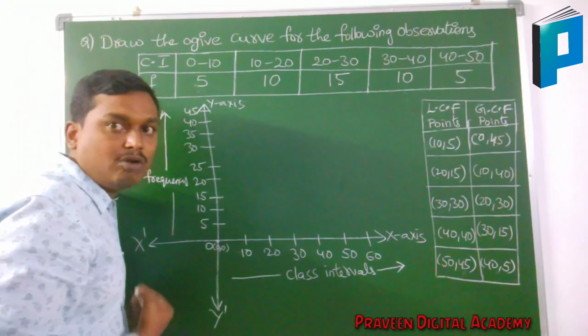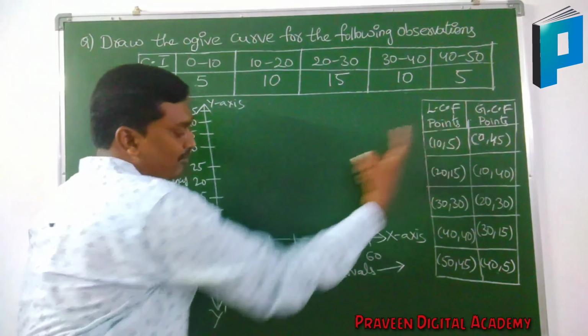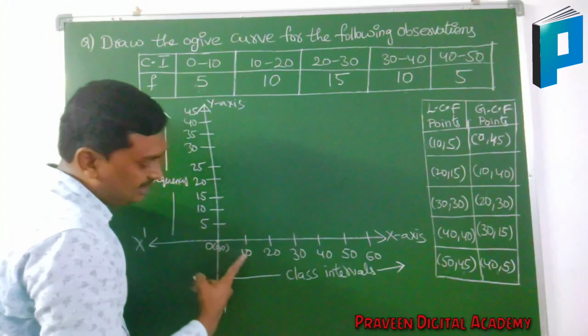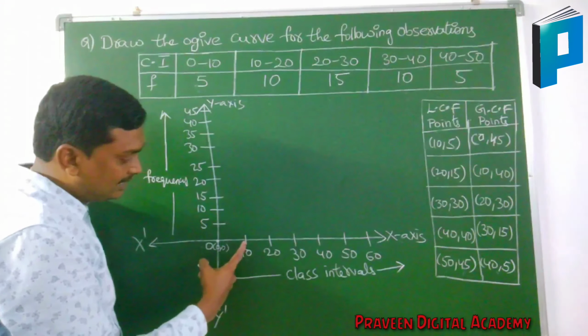Now let us first draw the LCF curve. What is the first point? 10, 5. Where is 10 on the x-axis? Here, comma 5 on the y-axis.